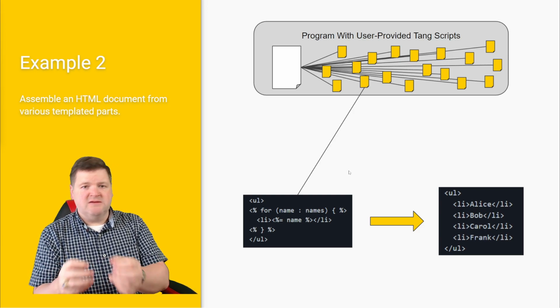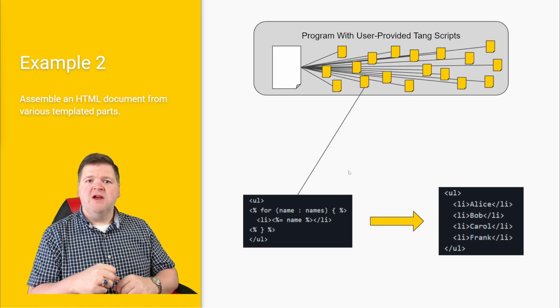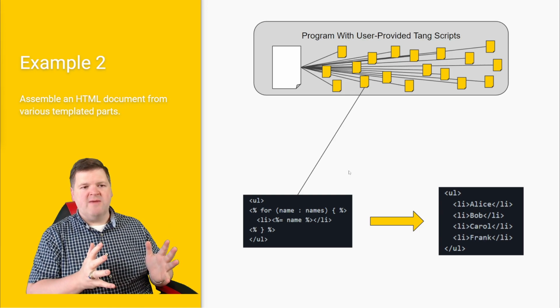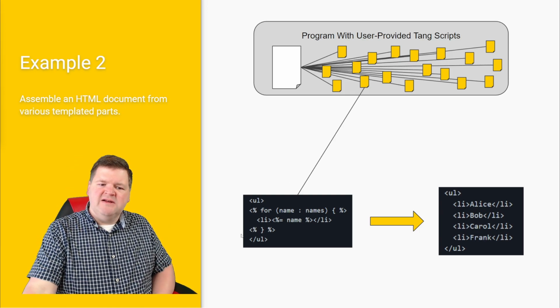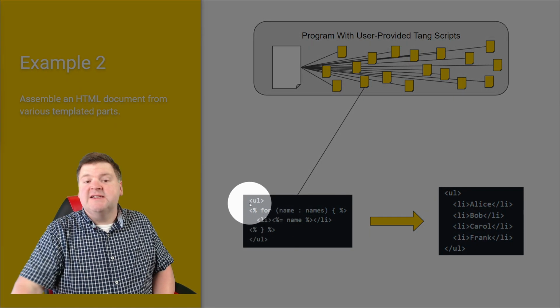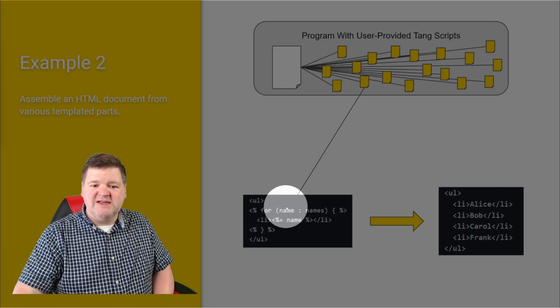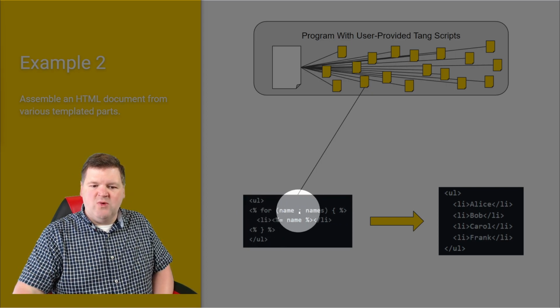designer who's not a hardcore programmer, is not going to be working on all of the intricate stuff of the big program. They just want to worry about that little part. So they might write something like what we see here on the left. This is HTML kind of mixed in with the Tang script, and they want to cycle through all the names.